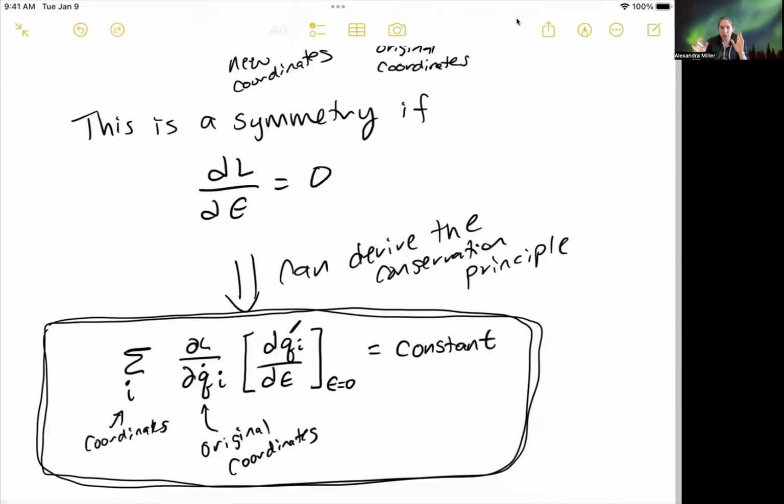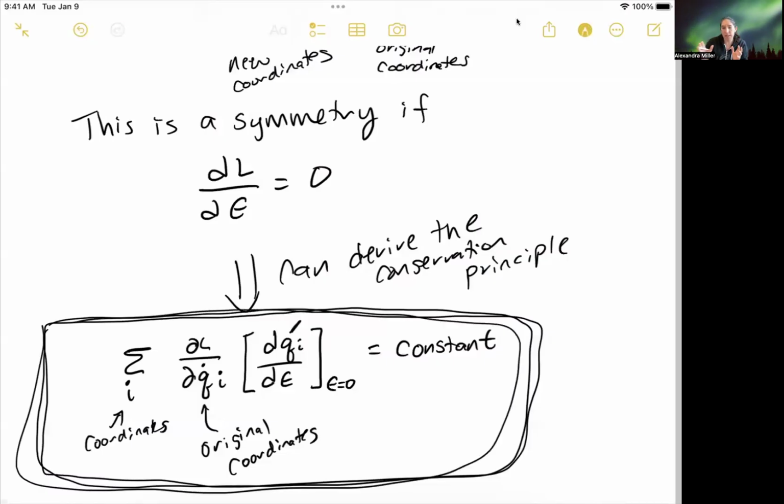If you know that's true, then we could calculate the left-hand side of this box, and that will be a constant in time, which is to say it's conserved.